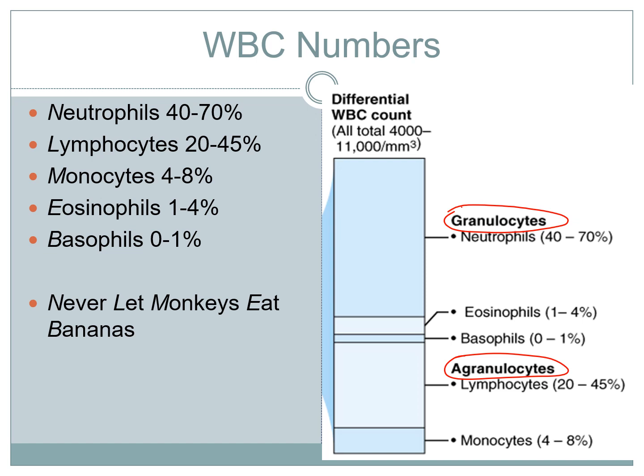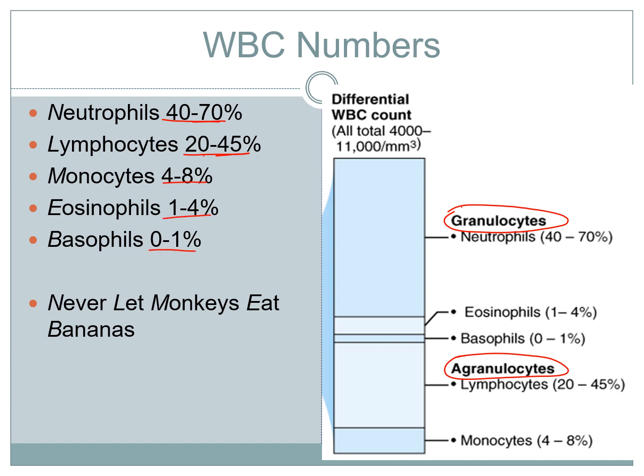Now, as far as percentage of white blood cells that we have within our body, the main white blood cell we have is your neutrophils, taking a large chunk. Next, we move to the agranulocyte lymphocytes, then monocytes, eosinophils, and basophils.